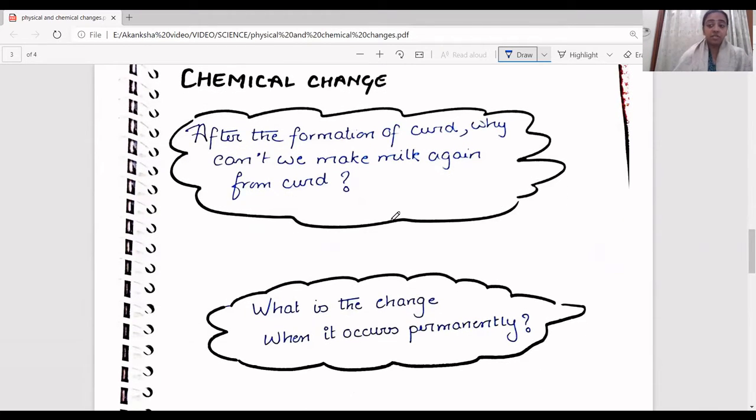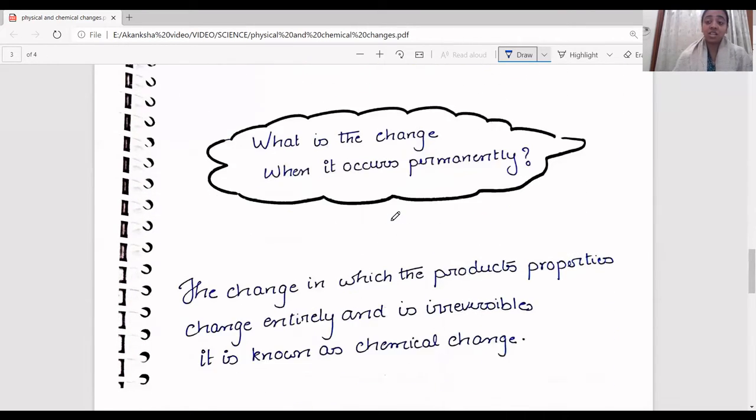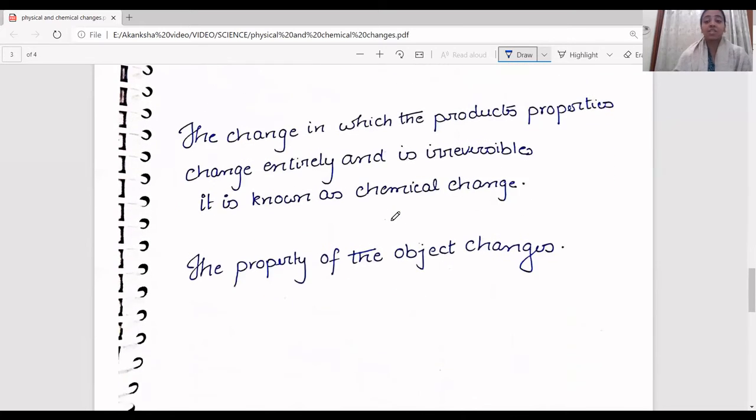Now there are a variety of chemical changes also. After the formation of curd, why can't we make milk again from curd? Have you heard of that? Curd has been made, and when you try to get milk back from the curd, no, right? So what is the change here? The change is permanent. When you make curd, it can never come back to the milk formation.